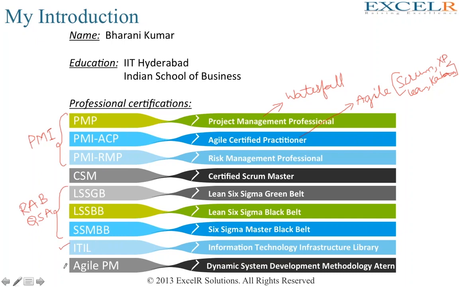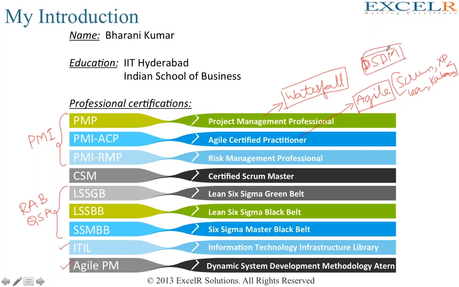I've done my Agile PM, which is Dynamic Systems Development Methodology. Organizations which want to move from waterfall to Agile might want to check whether Agile will work well or not. So in between these two major methodologies, you have another methodology called DSDM Atern.